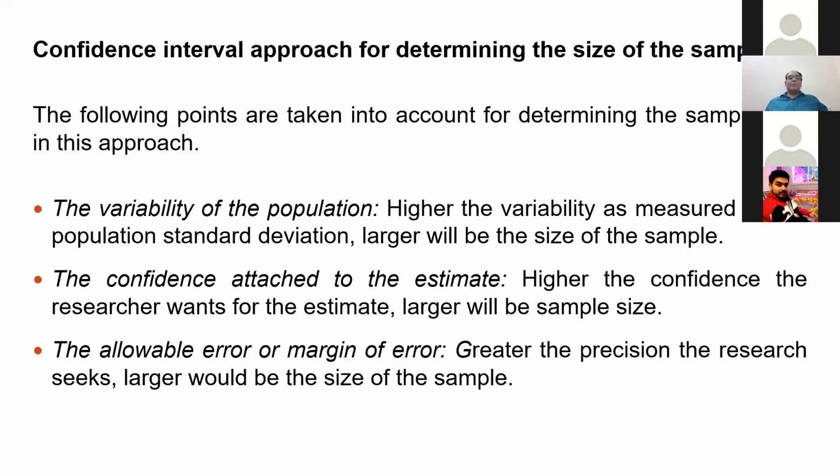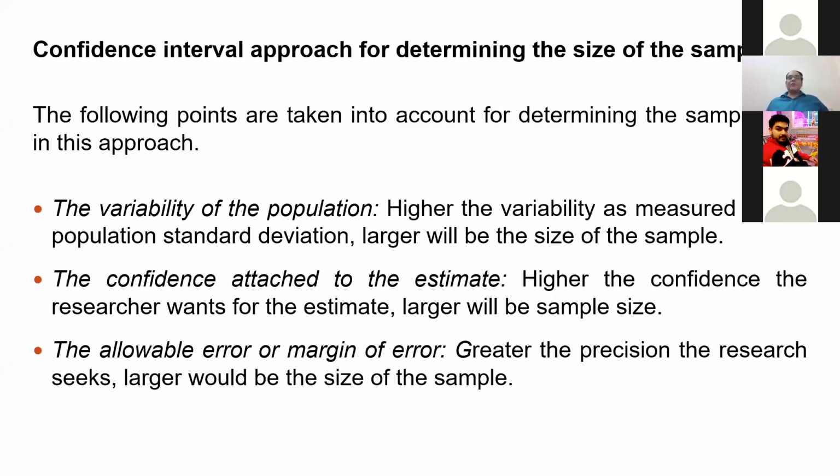But if the population has large variation, you are going to study more. In case of income, consumers, car users, mobile phone users, there is huge variability, so you want a larger sample size for studying this.